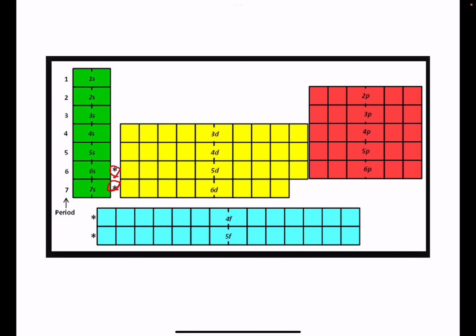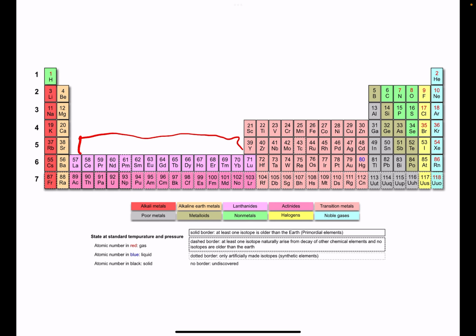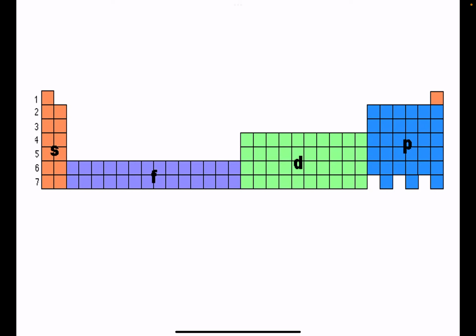But in reality, they're entered in right here in period 6 and period 7. Here's another one showing the different blocks with them pushed in and not separated at the bottom. So we have S first, then P, then D, then F. We see that by starting out with orange, then blue, then green, and then purple, which is S, P, D, F.